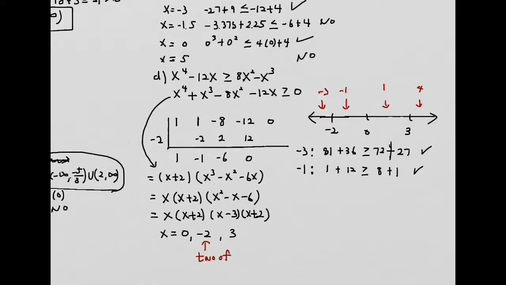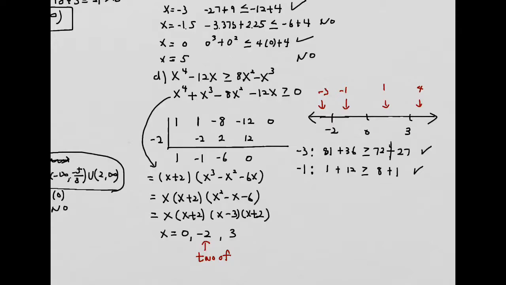Remember on the other problem where one worked, the other one didn't work. But because we have two of negative 2 as the solutions, this one is working again instead of not working. So when you have two of the solutions, usually it's one works and the other doesn't work, but now because of two of the solutions, it will still work. That's the exception that I was talking about.